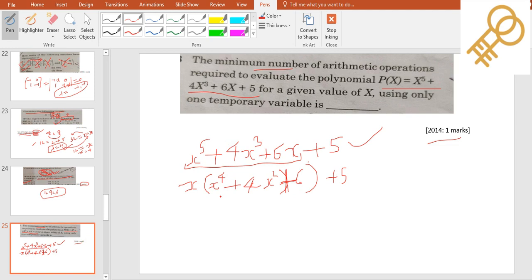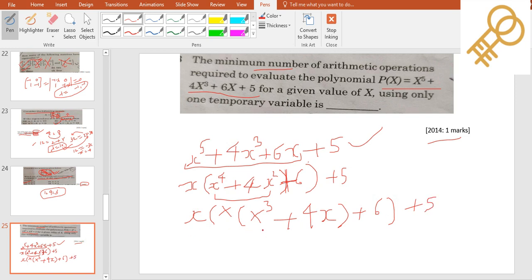Now as you can see, again we can take x common from the first 2 terms, right? So we'll take common, and you'll get x into (x into (x cube plus 4x) bracket closed plus 6) bracket closed plus 5, right?